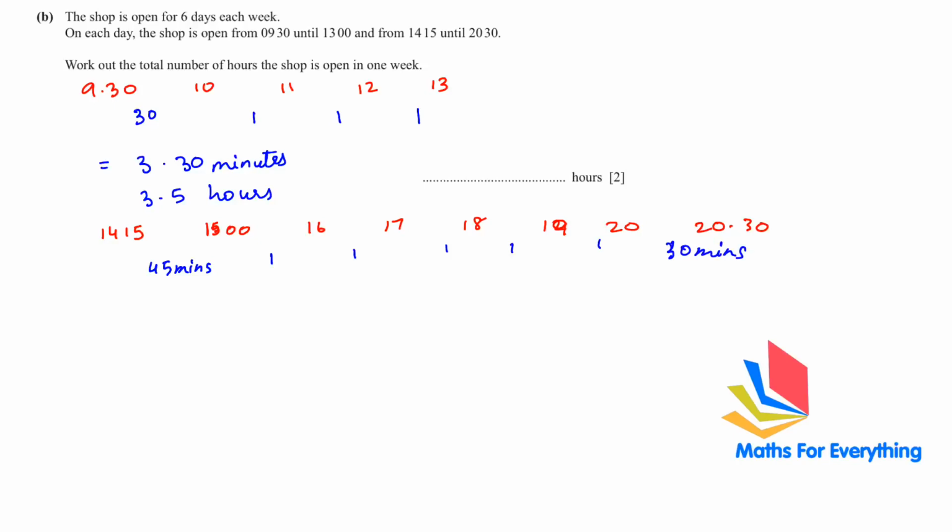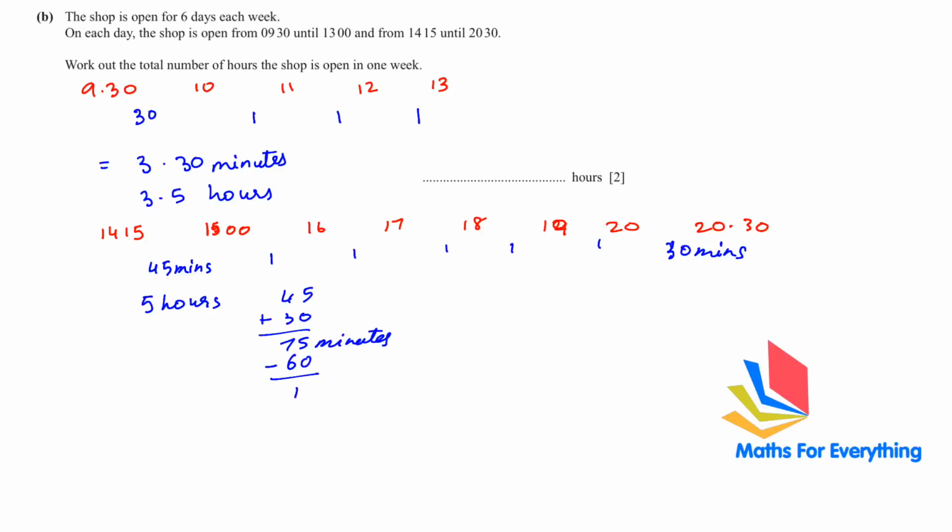So let's count the hours we have here. 1, 2, 3, 4, 5 hours. And 45 minutes plus 30 minutes, which is 75 minutes. If you want to change it into hours, we divide by 60, or you can remove the 60 here.